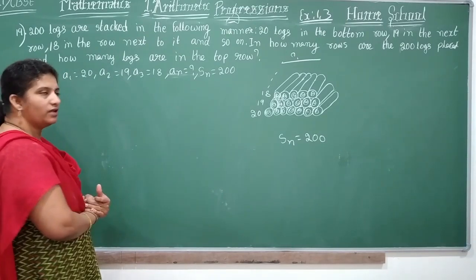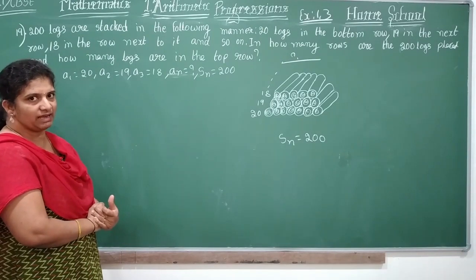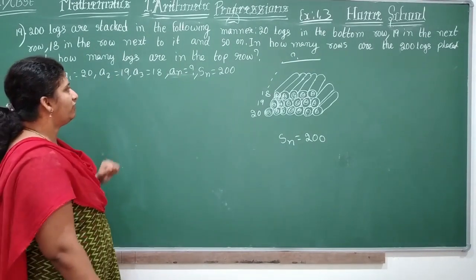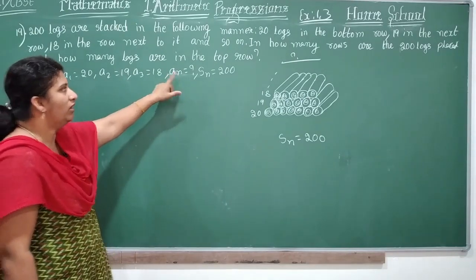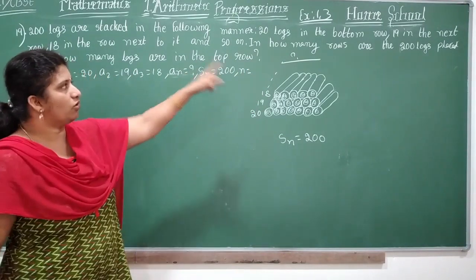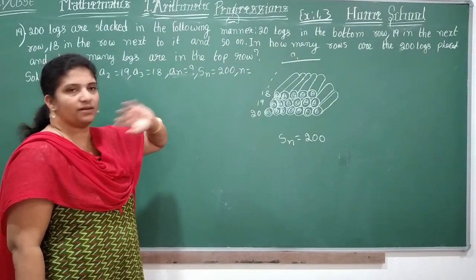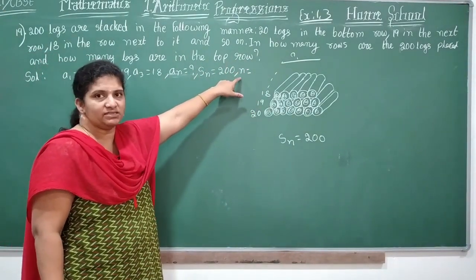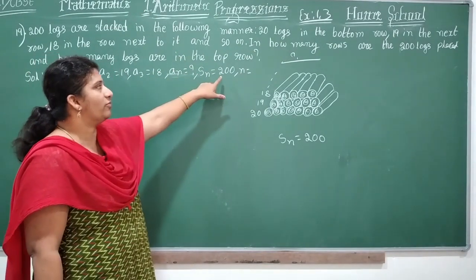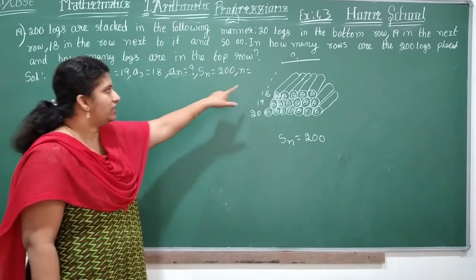So first, which one do I need to calculate here? Look here, children, I have said already in your previous classes. If you want to find AN, what do you need to know? The N value, and also how many rows there are. How many rows are the 200 logs placed in? That is N. And how many logs are placed in the top row? That is AN.